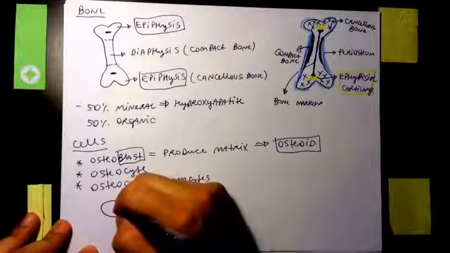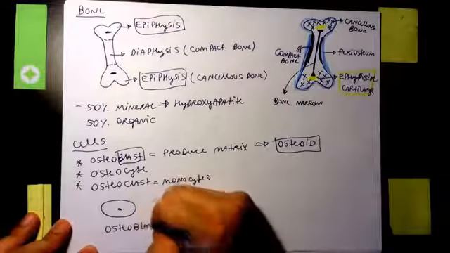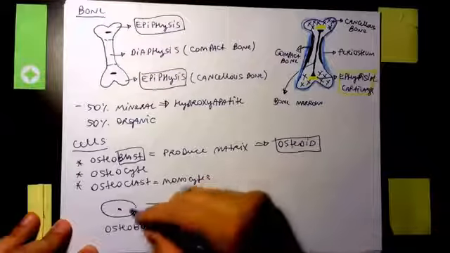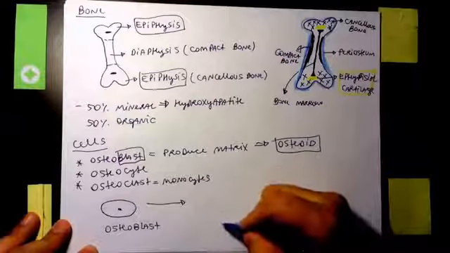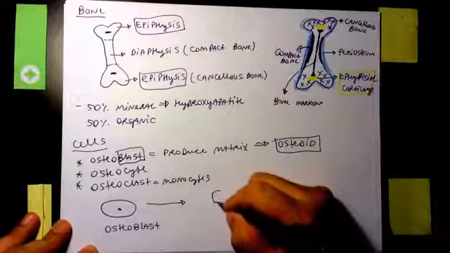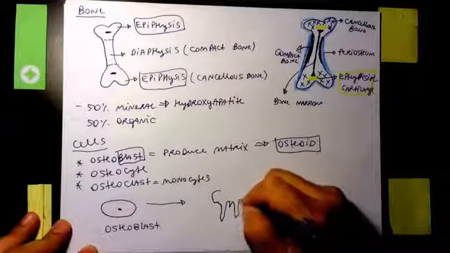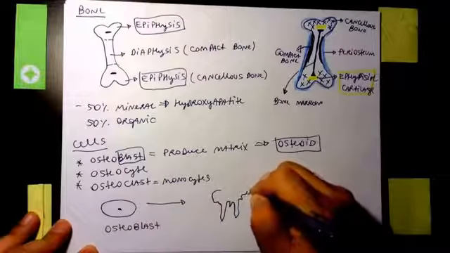Here you have your osteoblast, which is a young cell. So when this osteoblast starts to produce a matrix, it also is going to change shape and it's going to get entrapped.